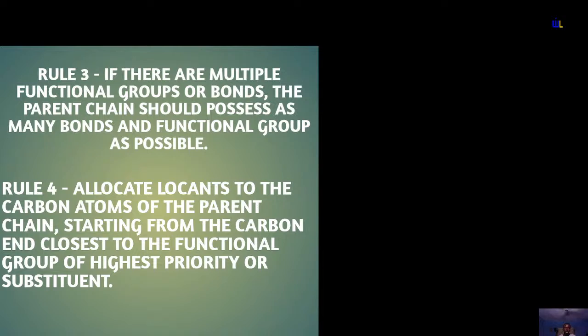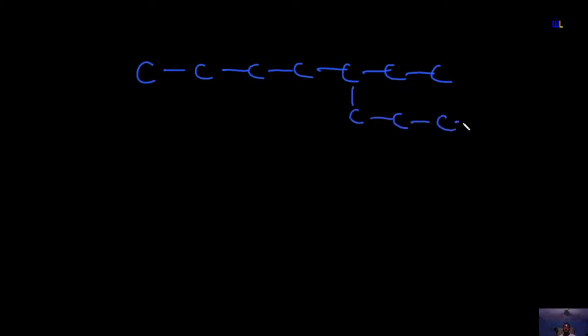Okay, let me take this out so our board will be clear. So, back to the board. Now, imagine for instance you have this compound. Let's start with something simple.